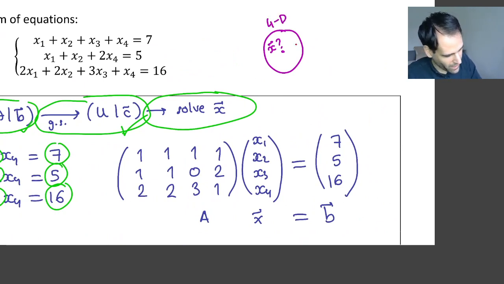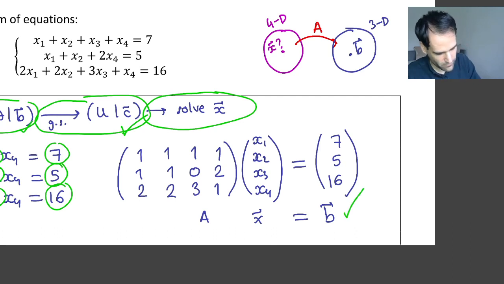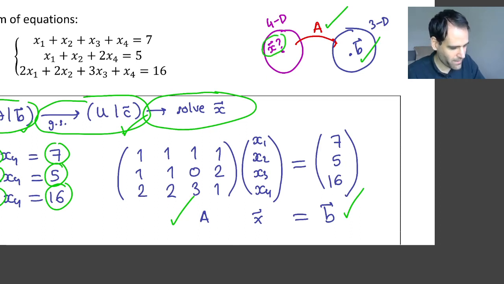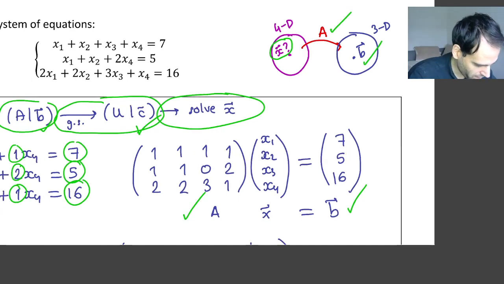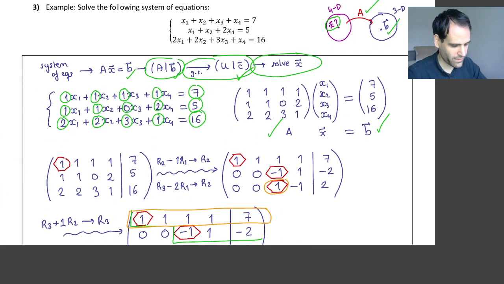By applying this linear transformation A, which represents the system, we arrived at this vector b, which is known and which is 3-dimensional. So we knew the transformation and we knew the vector b, and we had to find this vector x, which after applying this transformation leads to b. And we did it perfectly by following Gaussian elimination.